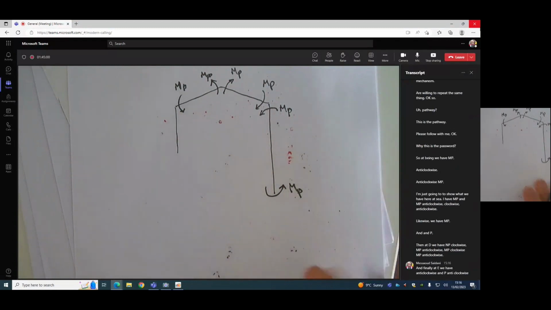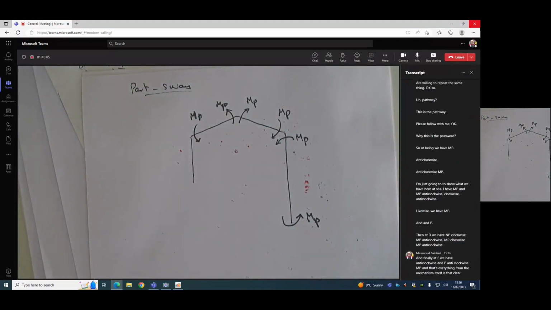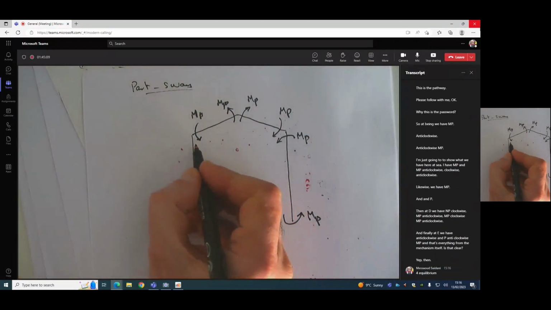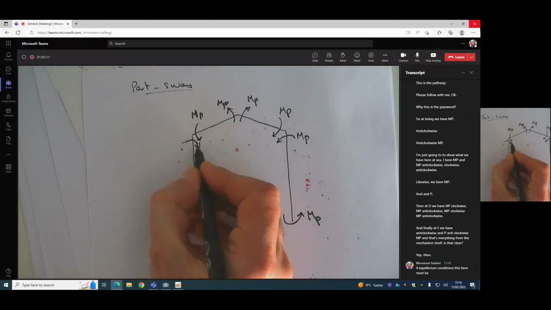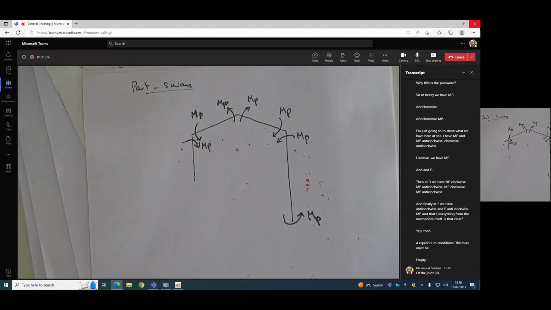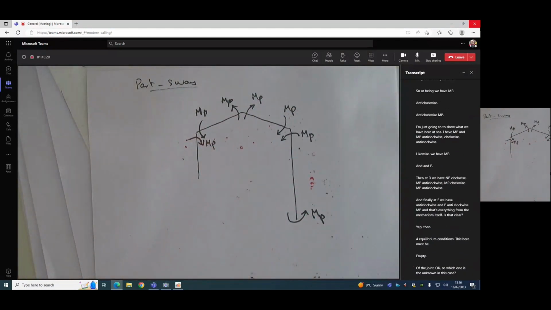And that's everything from the mechanism itself. Is that clear? Yeah. Then for equilibrium conditions, this here must be MP at the joint. Okay. So which one is the unknown in this case? Exactly. You see the difference.